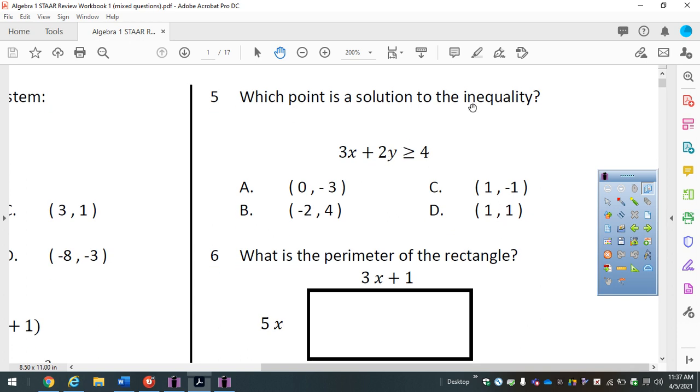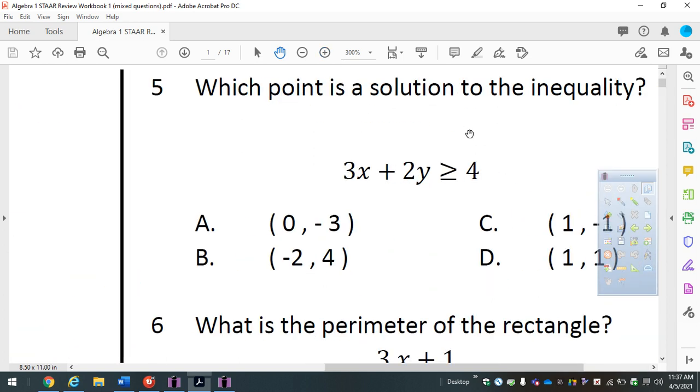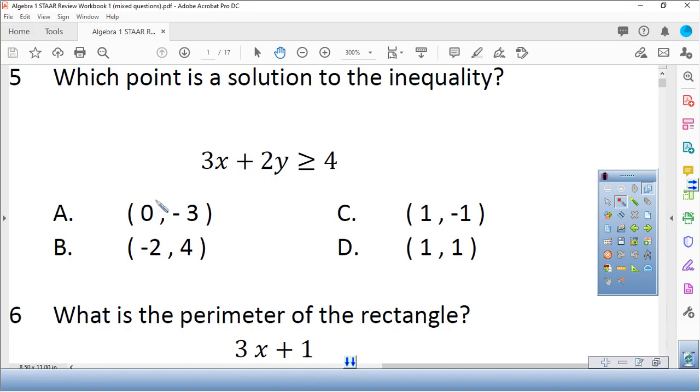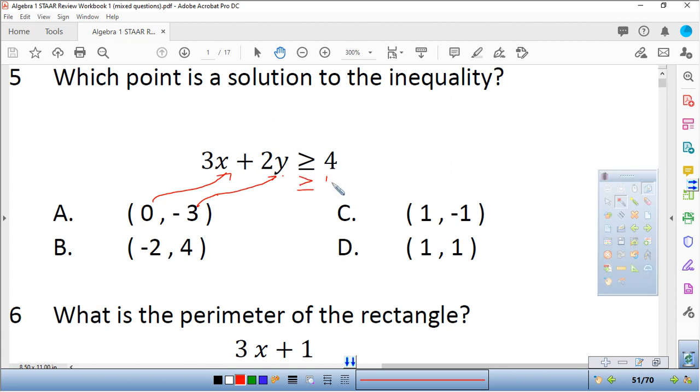Let's see this one. Which point is the solution to the inequality? Okay, so you see this real quick. I hate to show you this in the beginning of the year because you guys will be like, oh, I just use the calculator, and you will never ever use your brain. What this is saying here, if I plug that into there, and I plug that into there, and then will it give me something greater than or equal to 4?